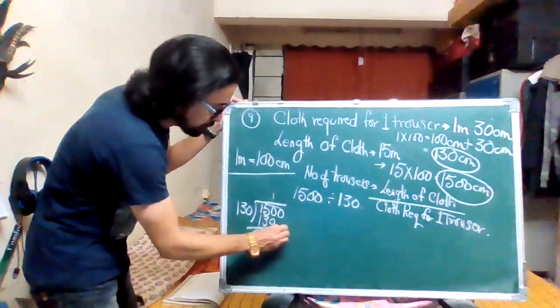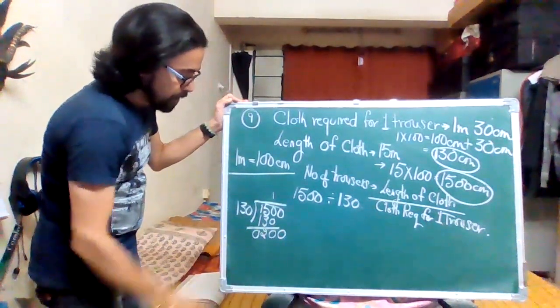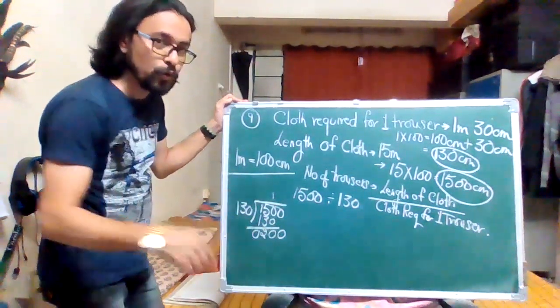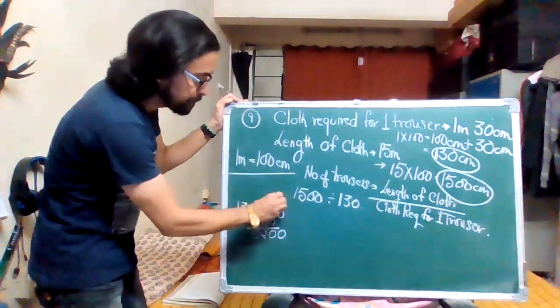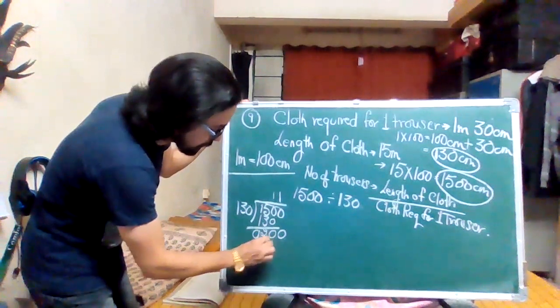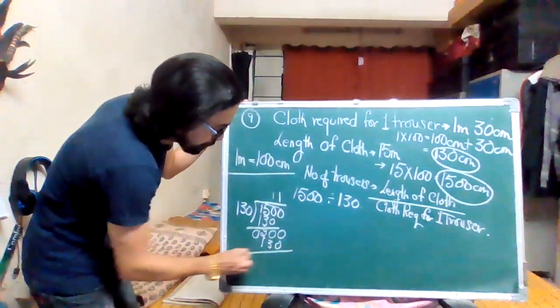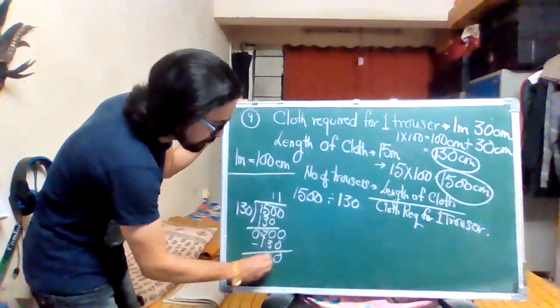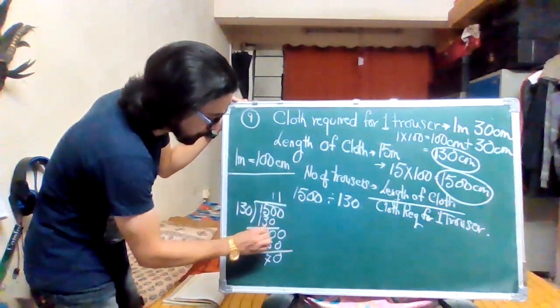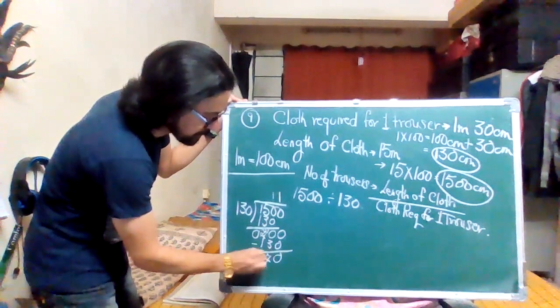That 0 comes down. 200. 130 twos are 260. It cannot go in 200. So again, it will go one time, and again I will get 130. And now my remainder will be 70. Since I borrowed from here, this 2 becomes 1 and this becomes 0.